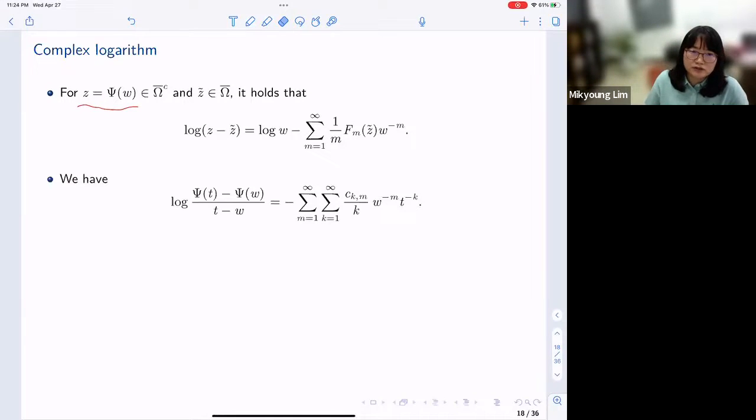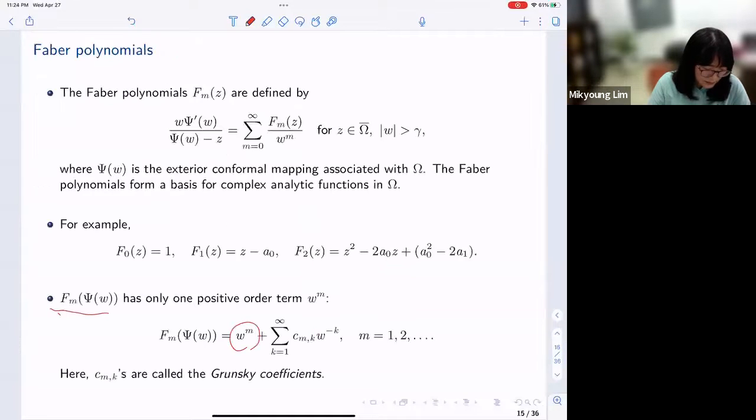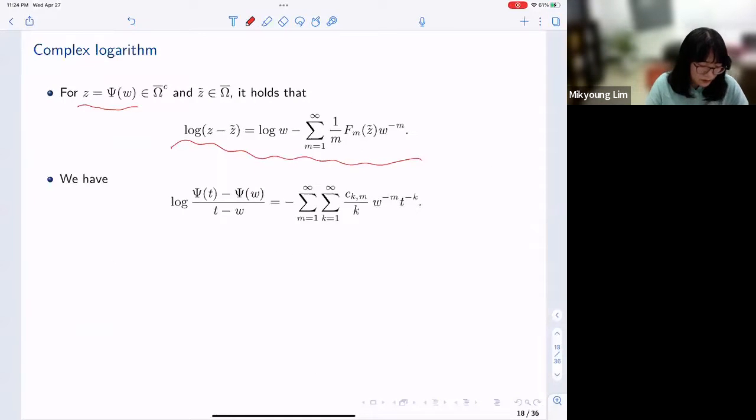So the generating function relation is a kind of derivative of this log expansion. If you see here, there is psi prime. So you may obtain this by taking the derivative of the expansion for log, or you can do the other way too: from this generating function relation, obtain the expansion for the log.